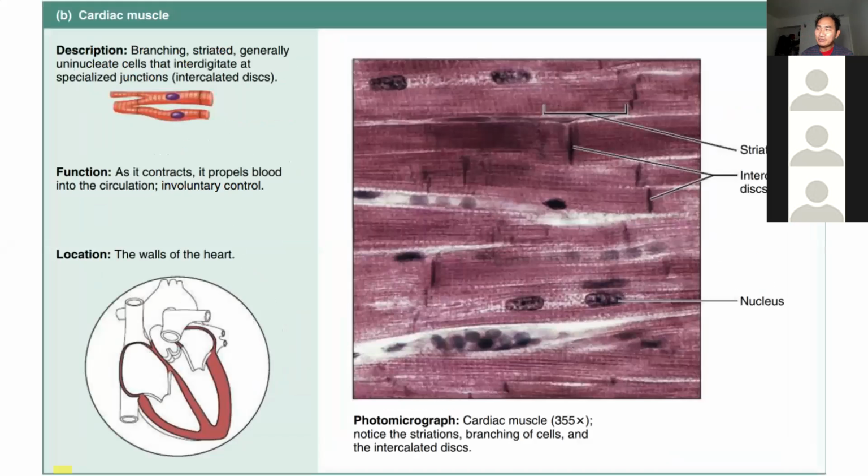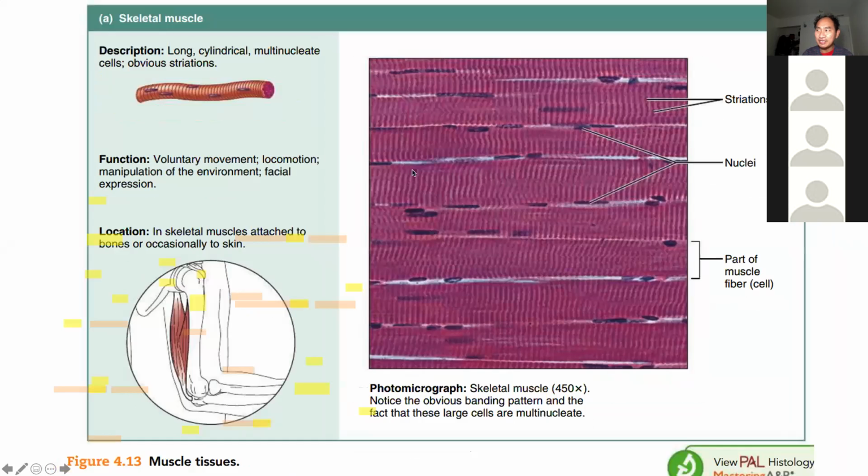Keep looking at that. You can see some striations here. But the difference from the skeletal mast cell is these fibers they do branch, they do join here. They join here, they do branch here. So I'm going to show you the skeletal mast cell again. This is so parallel to each other. They do not branch, they do not join.